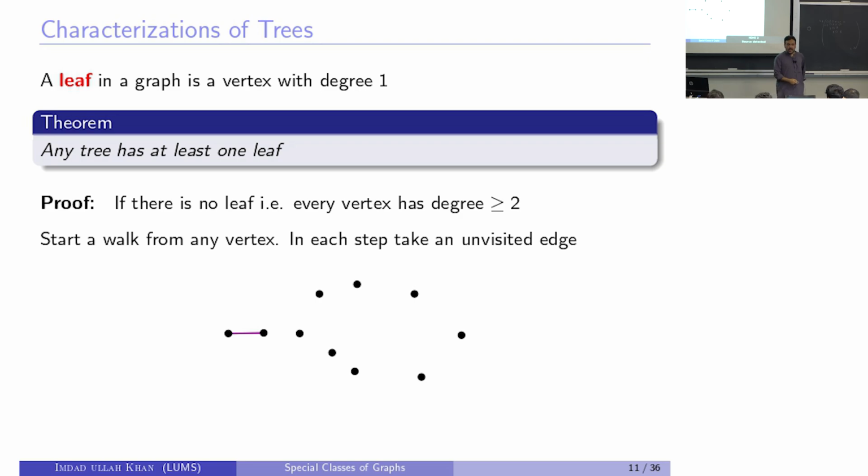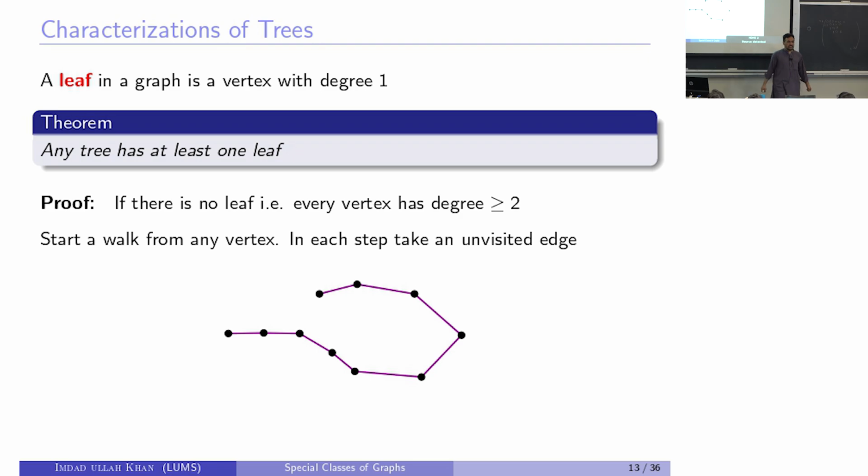So take that edge, follow it. What is the degree of this third vertex? At least 2, right? Does it still have an untraversed edge? Take that edge, okay? Continue doing this.